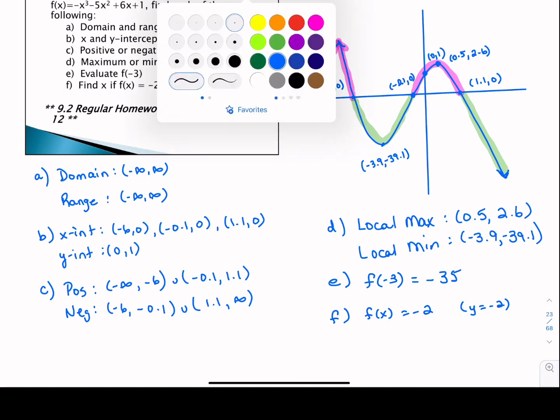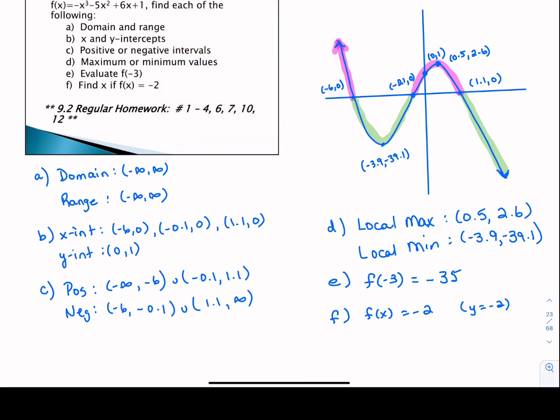And I'll use a different color to draw this second line here. So your second line, y equals -2, when you graph it over top of your original function, would look like this. And we're looking for the points of intersection because every point of intersection between that red line and your original curve will have the specific y value that you're after.